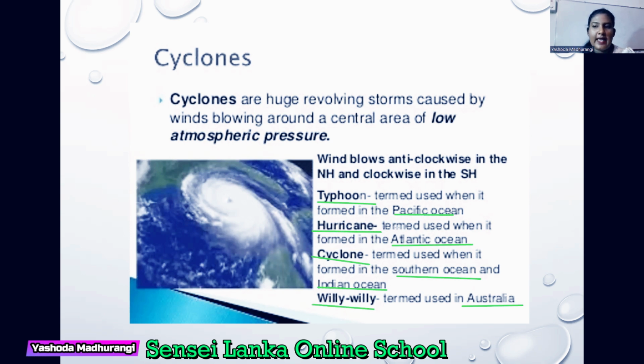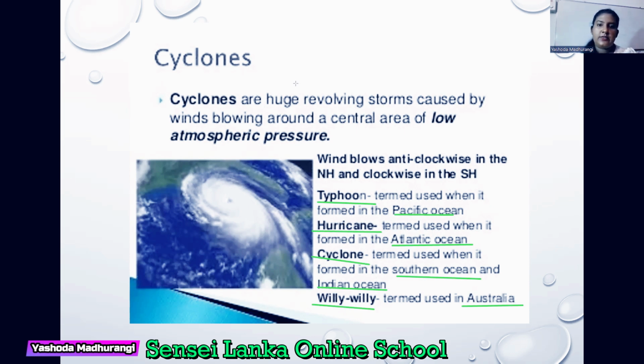Now do you understand? According to the area that it is happening, it is given different names, but the same thing. It is a strong wind, a heavy rain comes with the wind. It is a bit disastrous, damaging houses, damaging property.